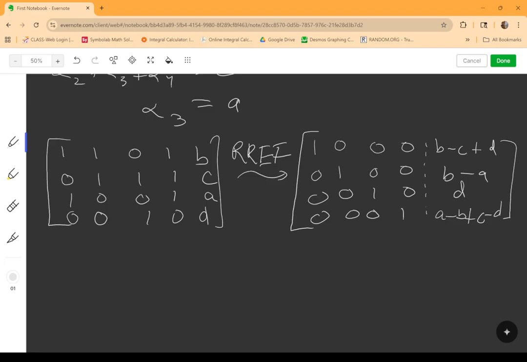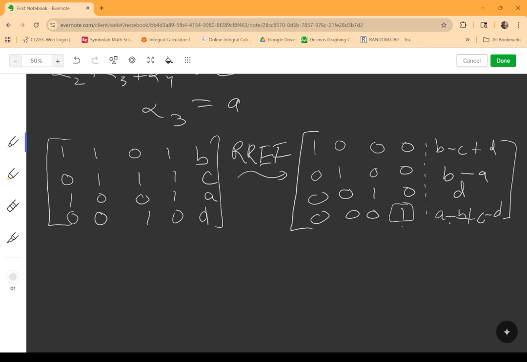Okay, and this actually gives me, first of all, will it be consistent? And yes, I think if you're having trouble seeing why that's the case, what is going to avoid consistency is if I have a pivot in this last column, but that's not going to happen, because I have a 1 here.